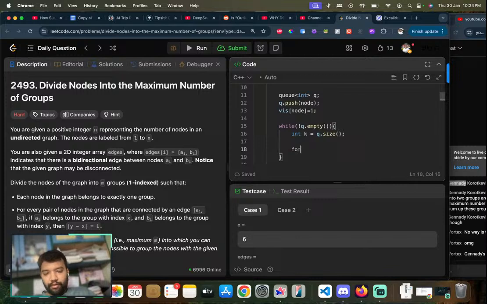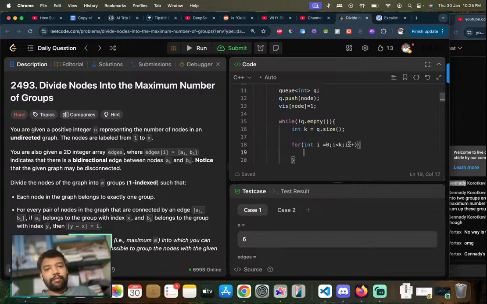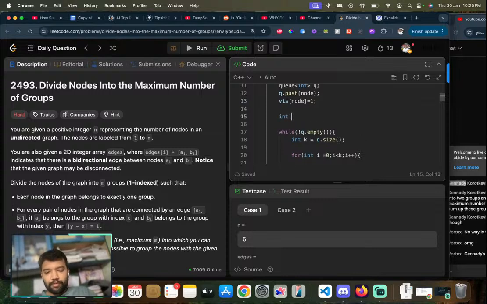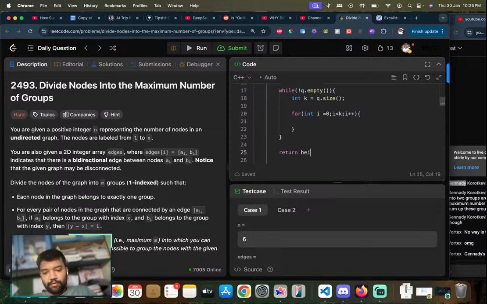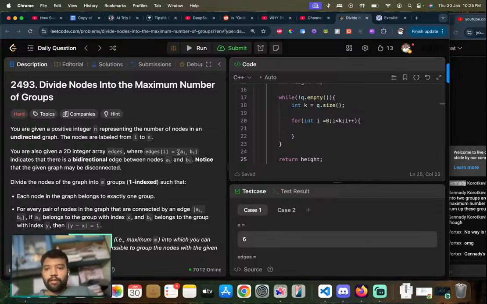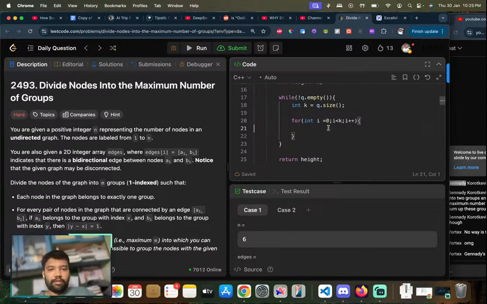For int i equal to 0, i smaller than k, i plus plus, for all the elements in the queue till that point.